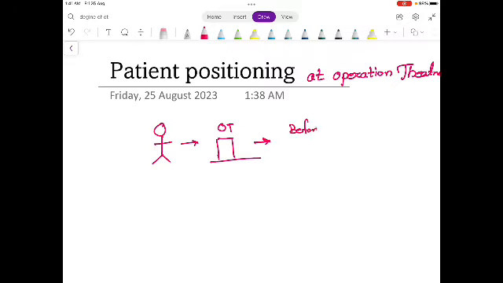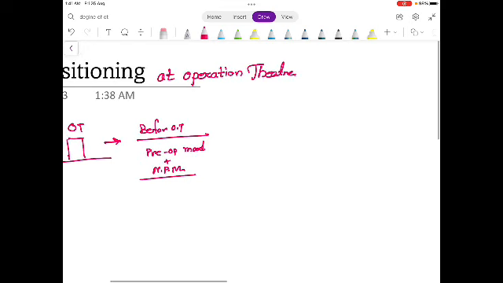Before the OT, the patient should be in pre-operation mode and with NPM, right?